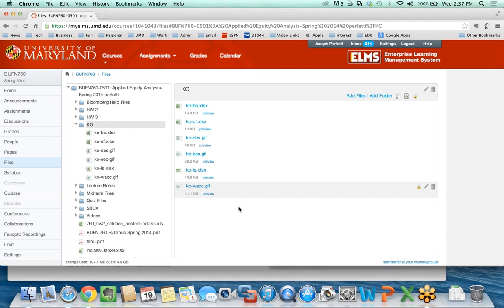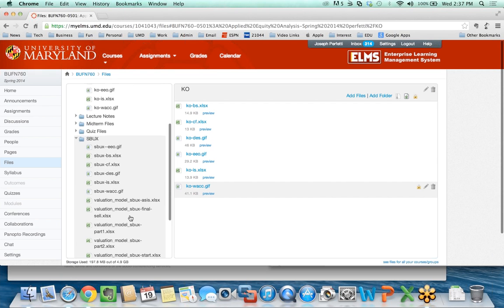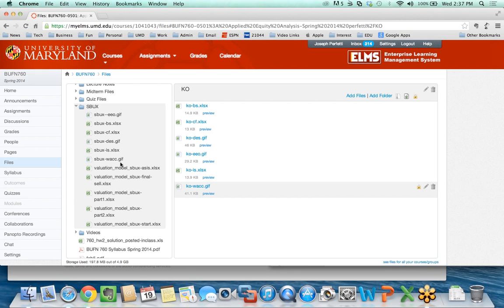The other thing that we're going to use is from Starbucks, the valuation model. So I had put in an as-is and a final model for Starbucks. We're going to start with the as-is model for Starbucks as our starting file for the Coca-Cola valuation.